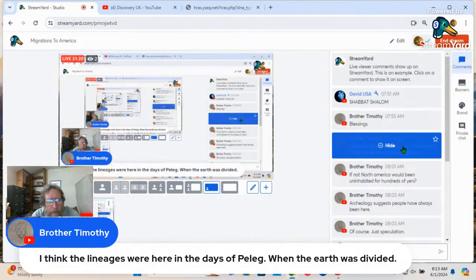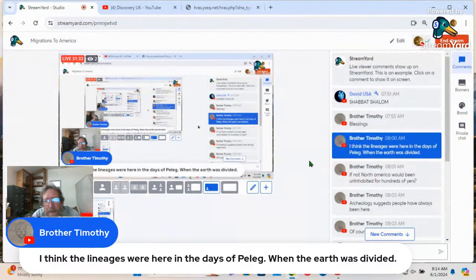Okay. I think the lineages were here in the days of Peleg when the earth was divided. Yeah, I would hesitate to say that they were there in the days of Peleg because they were still building the Tower of Babel for the first 100 years.